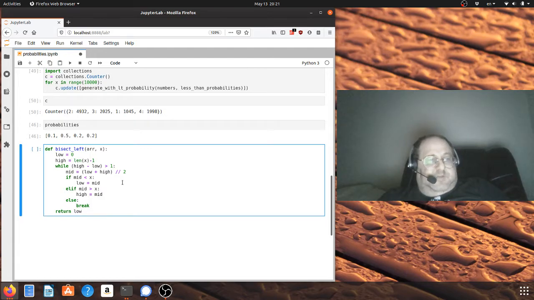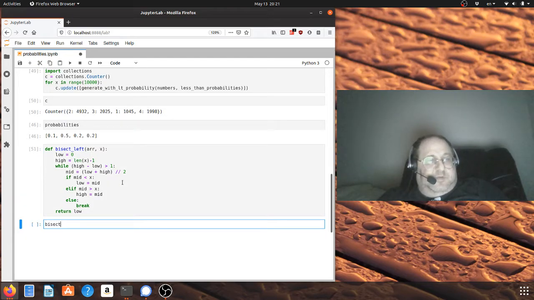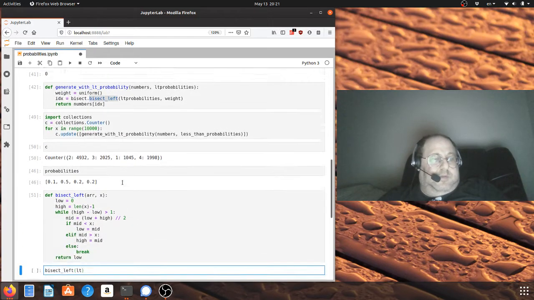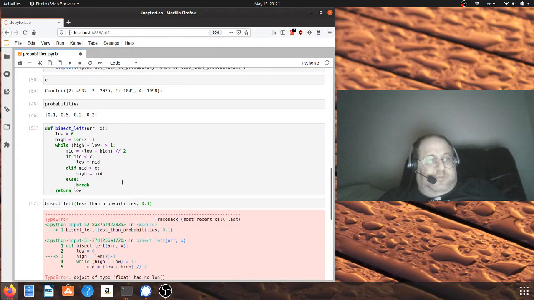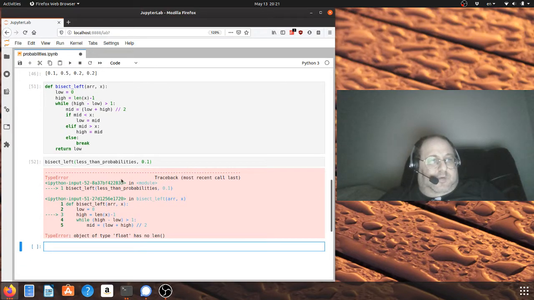And let's check some bisections. So let's do bisect left, LT, less than probabilities, and let's do first 0.1. So this should return 0. Object of type float has no len.